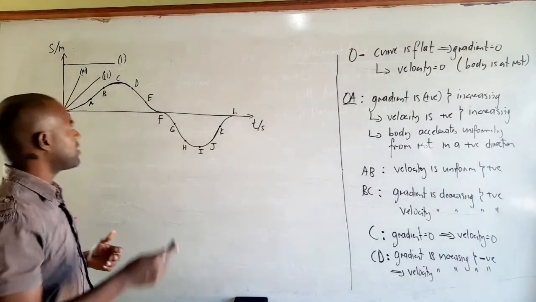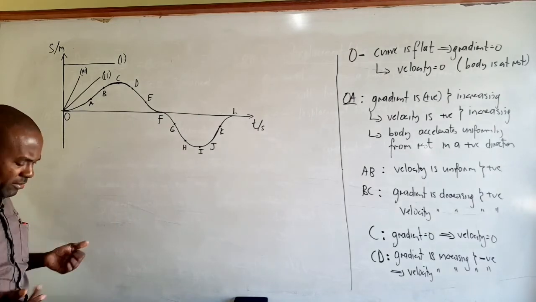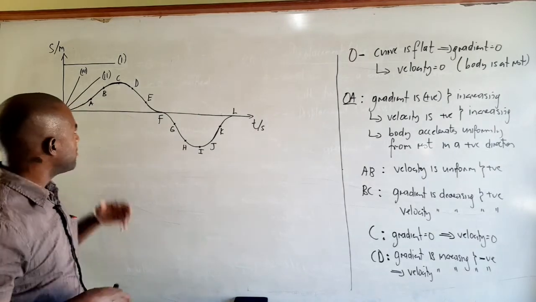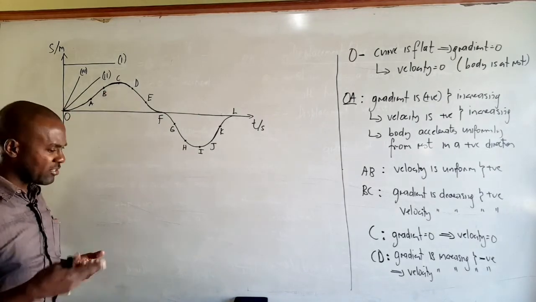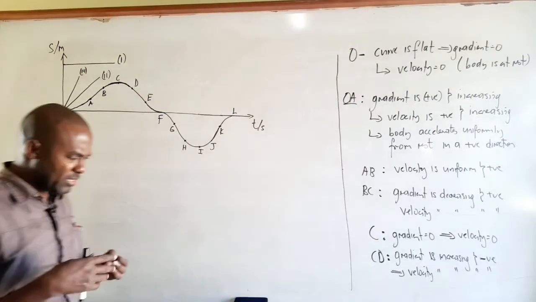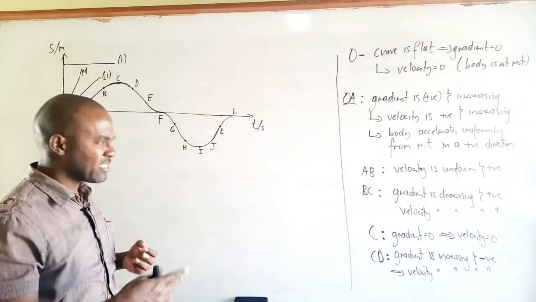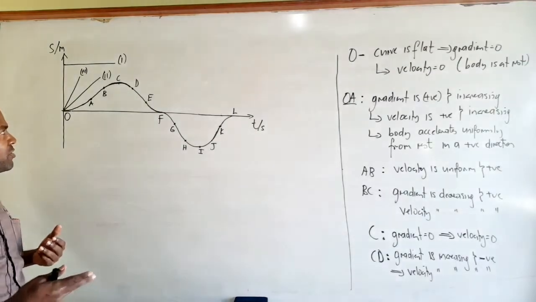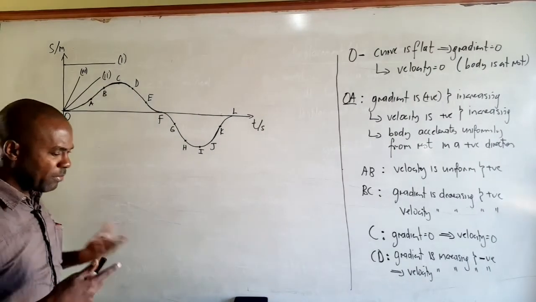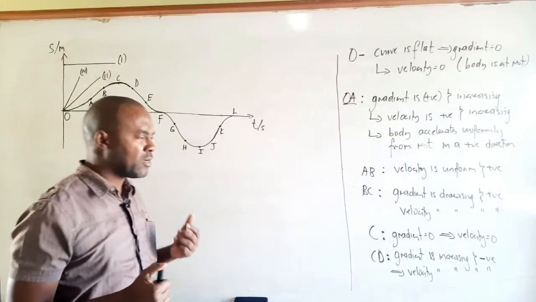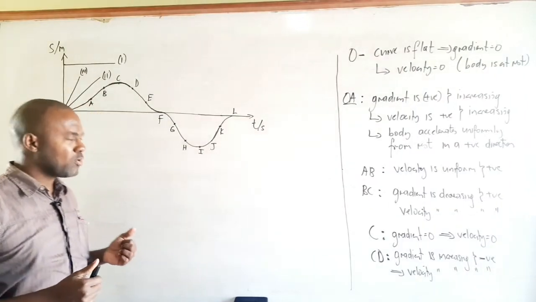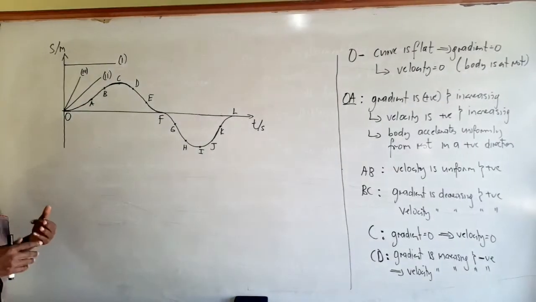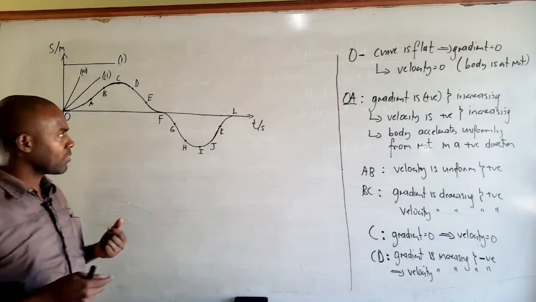Now, as I said before, at C, the body was momentarily at rest. So once again, it starts to move. So its speed is going to be increasing because the speed can only increase from rest. It can't decrease. But this time now, the body is going in a direction that we consider to be negative. And so it now has basically changed directions, right?